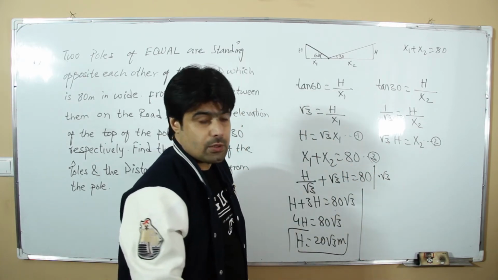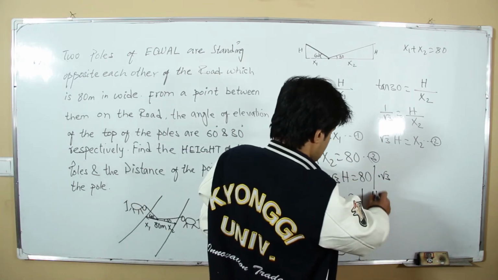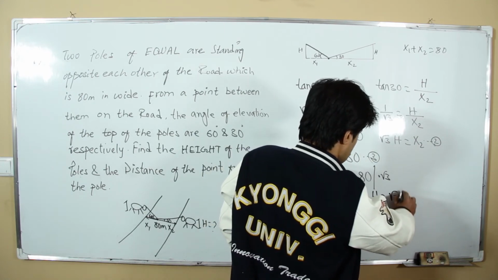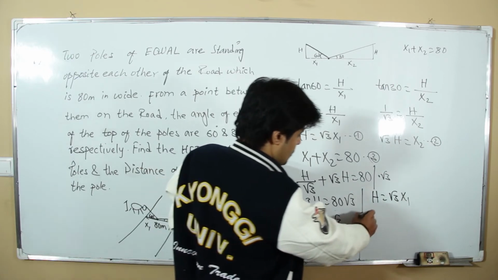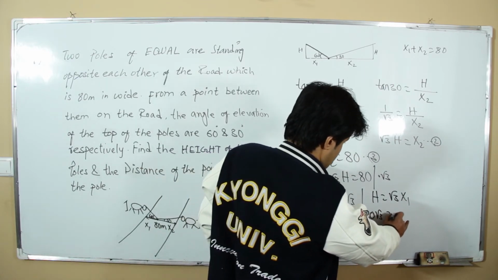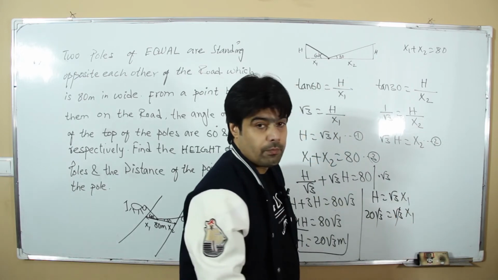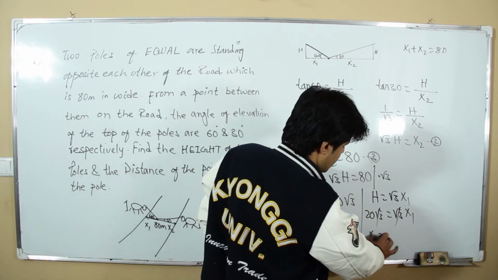Listen here, h is root 3 x1. Am I right or not? Yes. Instead of h, 20 root 3 is equal to root 3 x1. Root 3 with root 3, it's cancelled. x1 is 20.